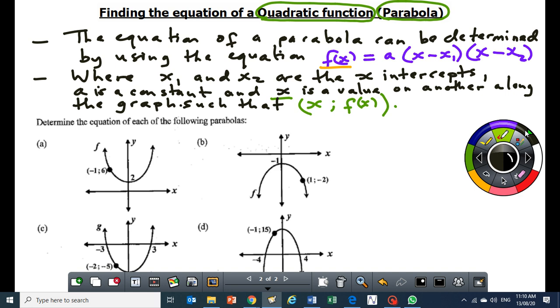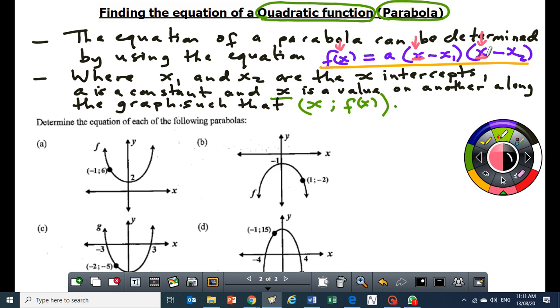So make sure you know this equation. If you want to find the equation of a quadratic function or the equation of a parabola, you use this equation. The A is a constant that determines the shape of the graph. This x and that x, you must substitute the same value of x there.